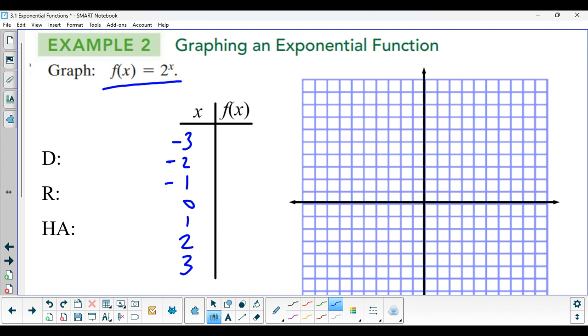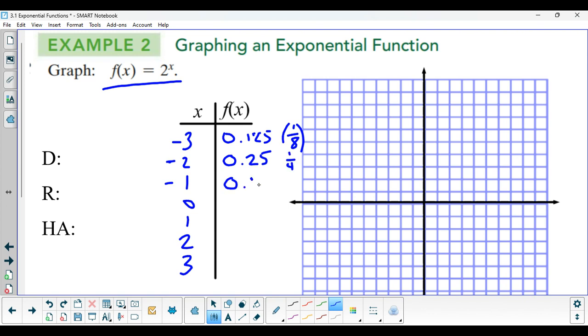For each of these, we would just find the f of x, or the y, by taking each of these x values and plugging it in. So 2 to the -3rd would come out to about 0.125 if you look at your table, but it's also 1/8. 2 to the -2 power is 0.25, which is 1/4.